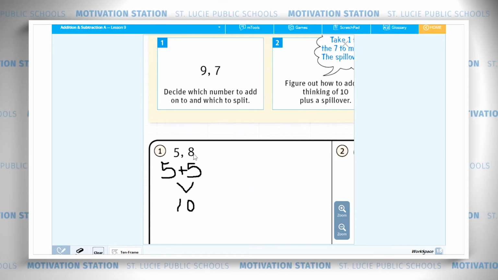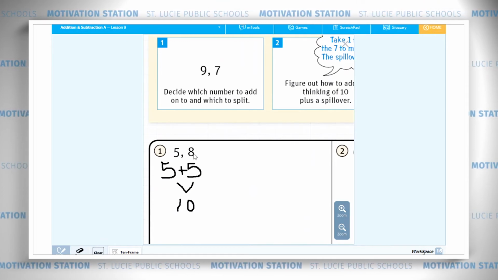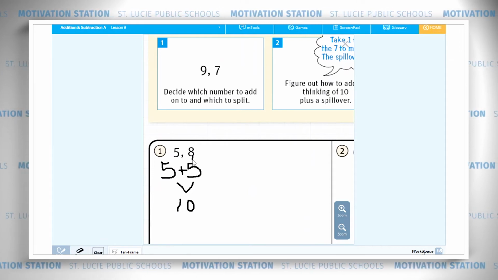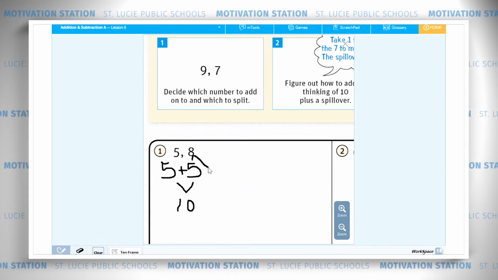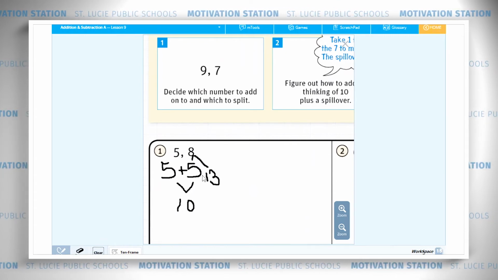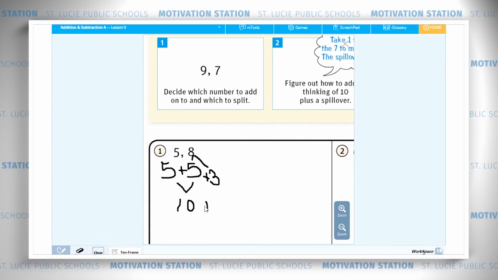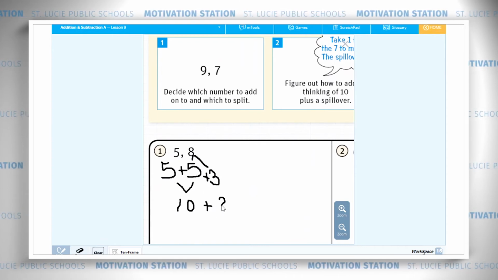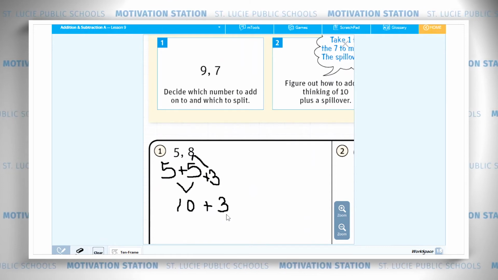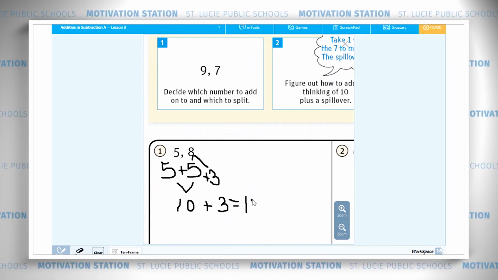Second, think about what is the spillover if you took 5 from this 8. Great, we had 3 left. Okay, so our new problem becomes 10 plus 3 spillover, which equals 13.